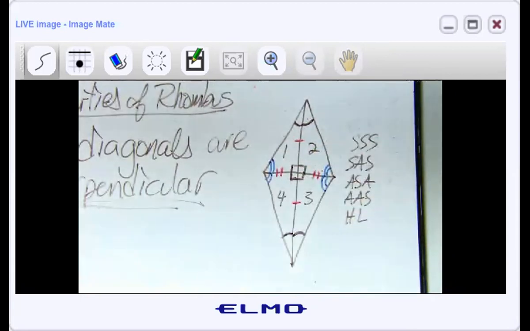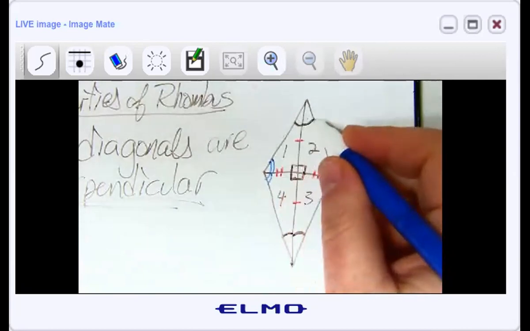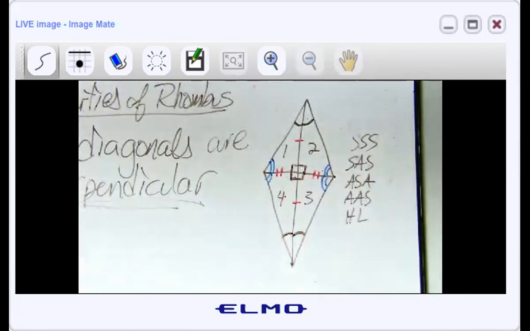Every single rhombus works the same way. When you draw in the diagonals, look what they have essentially done. They have taken each of the big angles in the rhombus and bisected them all over. Every angle is getting bisected by the diagonals of the rhombus. What? I know. So let's add that.